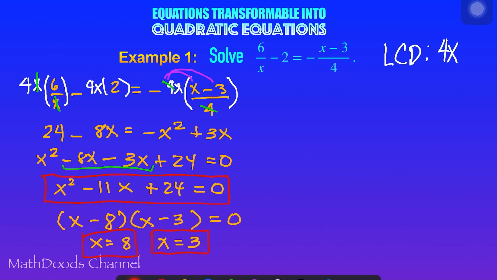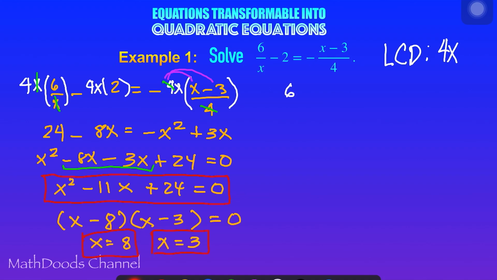And then, i-check natin kung solution or extraneous root. Gamitin natin yung original equation, yung rational equation.